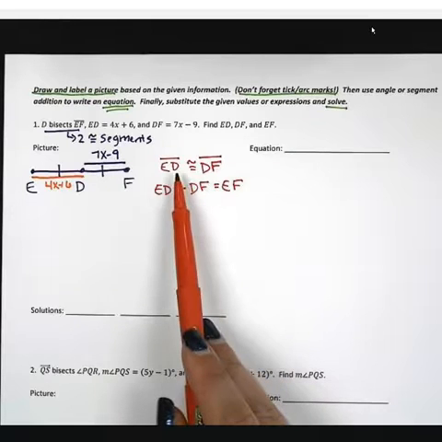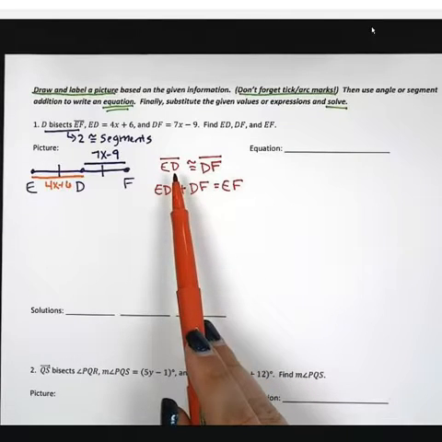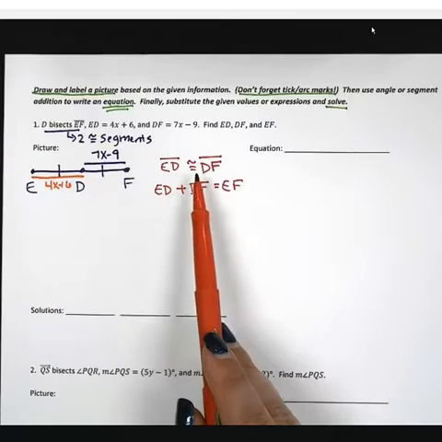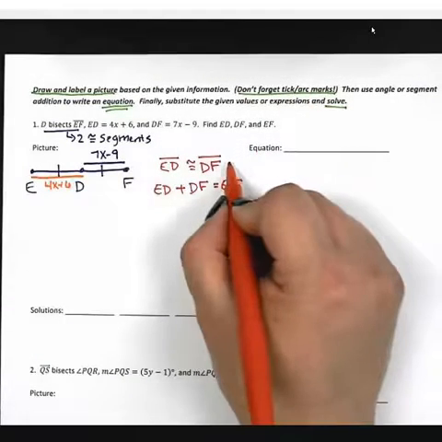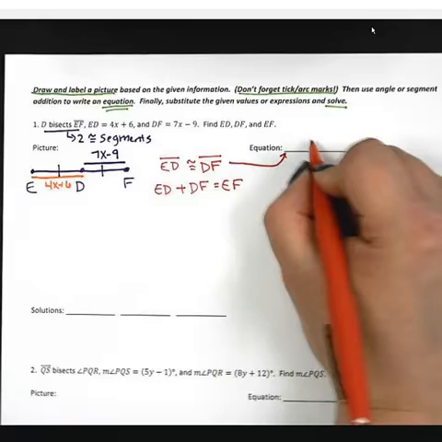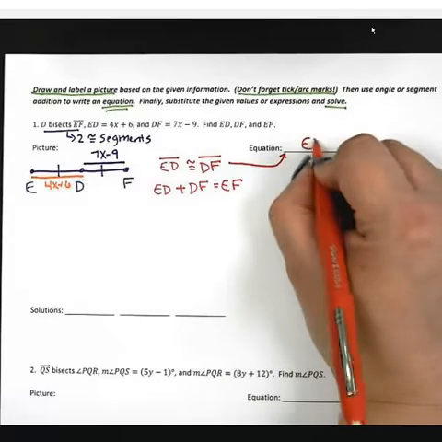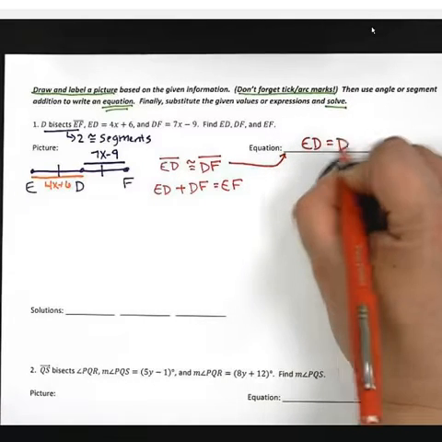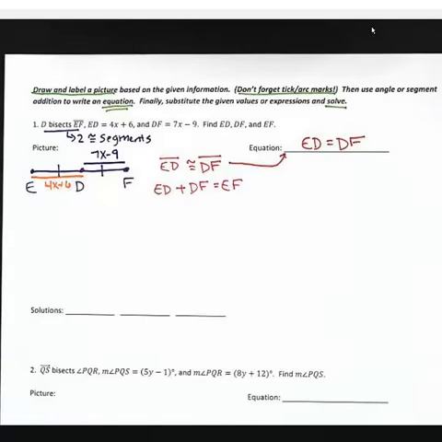But what we can use is that ED, segment ED, is congruent to segment DF. And we know that that actually means the length of ED is equal to the length of DF, which means we actually luck out. All we have to do for this one is set those two equations equal to each other.